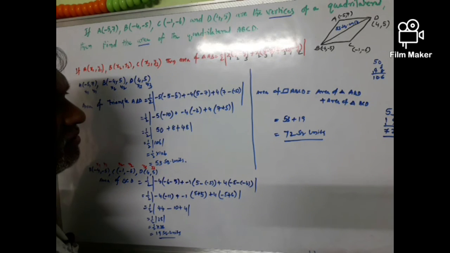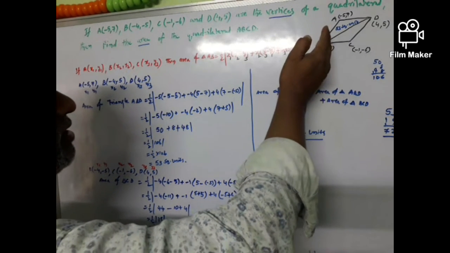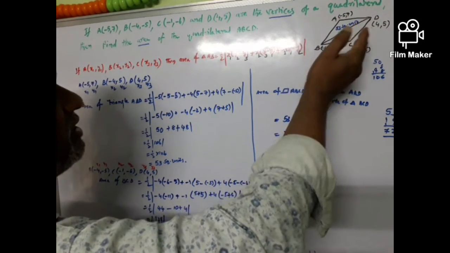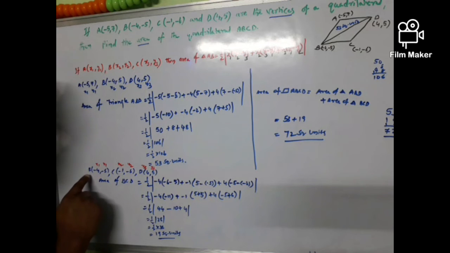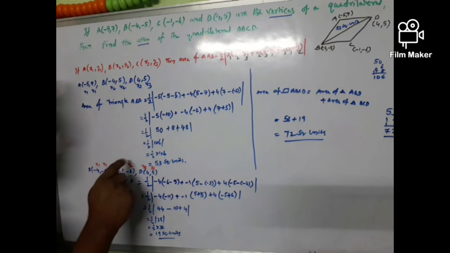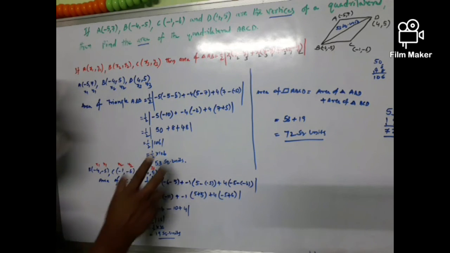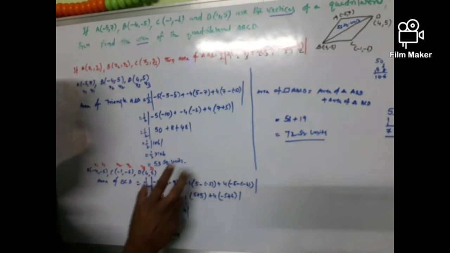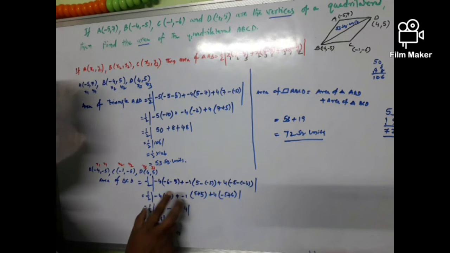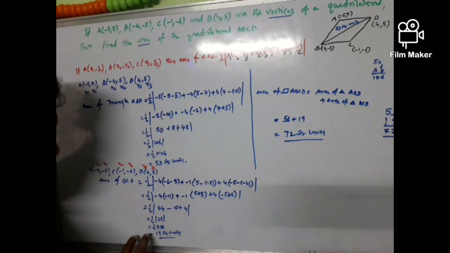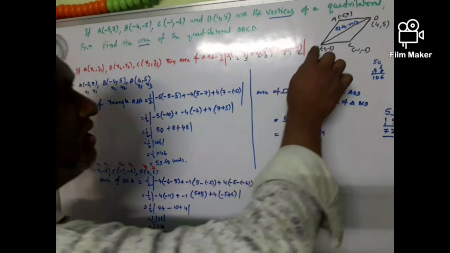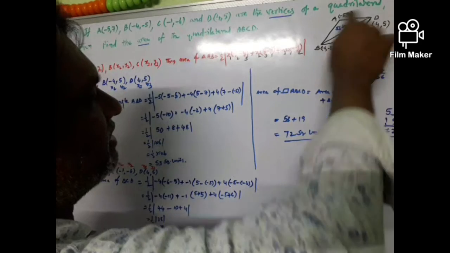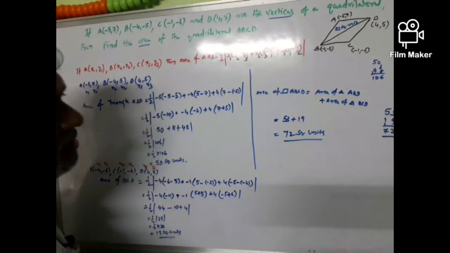Now find the area of the remaining portion, triangle BCD. Write the vertices of BCD as x1, y1, x2, y2, x3, y3. These values are substituted in this formula first. Next, simplify. We get 19 square units, the area of triangle BCD.